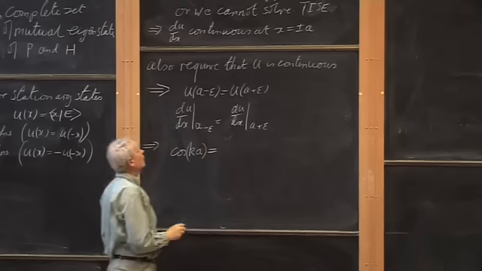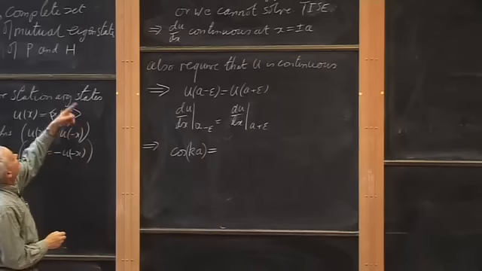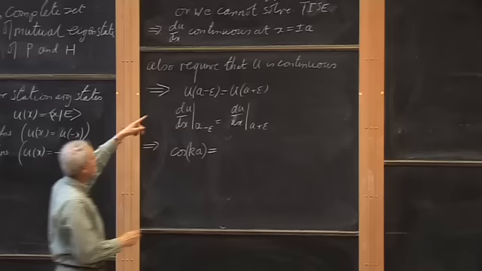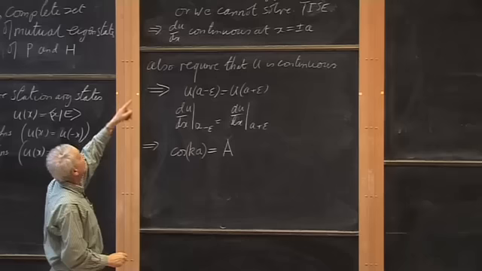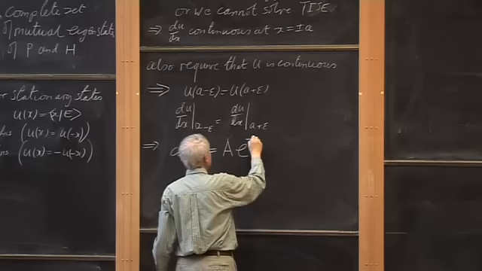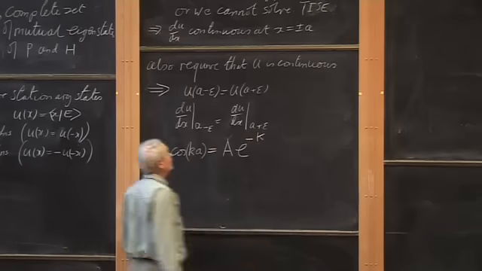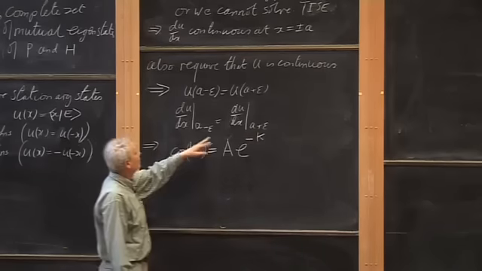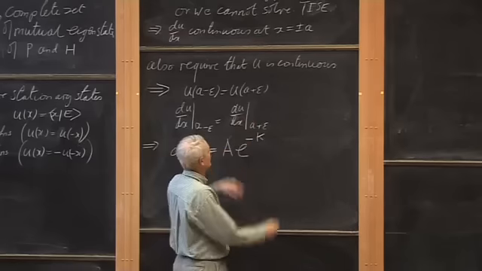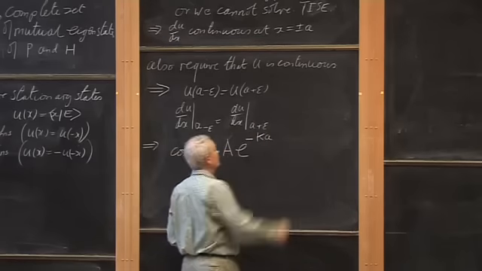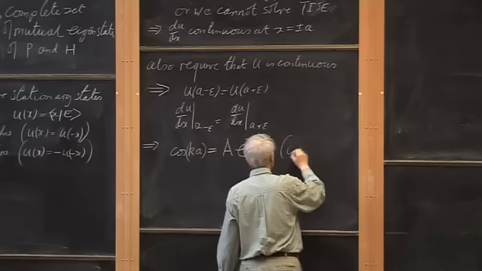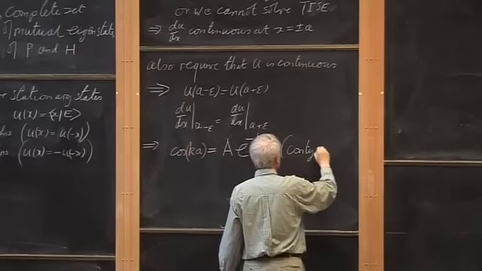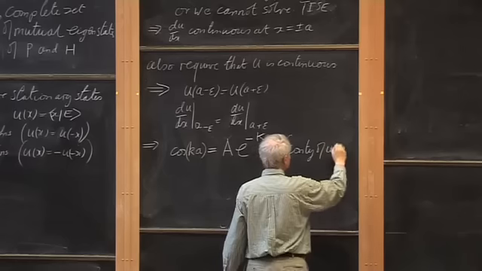That's got to equal the wave function on the right-hand side, which is some constant, we'll call that constant big A, times e to the minus big K times x plus a tiny bit. Let's forget about the tiny bit because this is a continuous function. So we require that. That's the continuity of U of x.